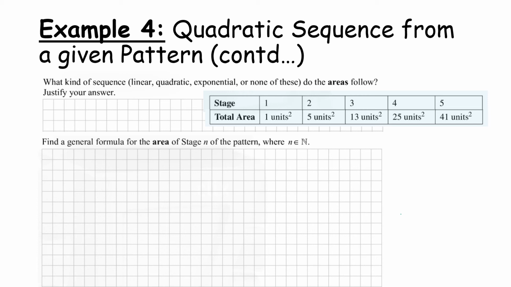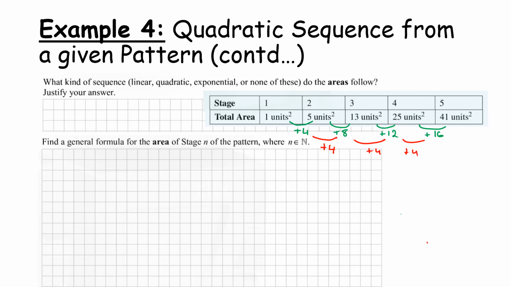So we're going to look at our first difference like we always do. Plus 4, plus 8, plus 12, plus 16. It's definitely not linear, so then we ask, is it quadratic? So I add 4, I add 4, and I add 4.